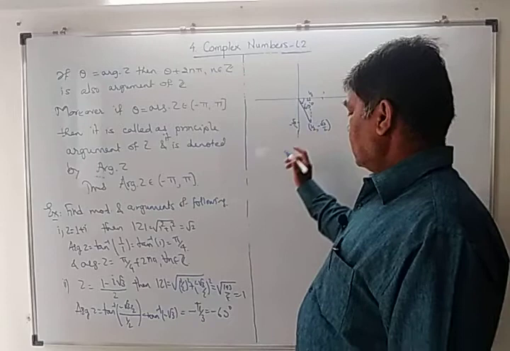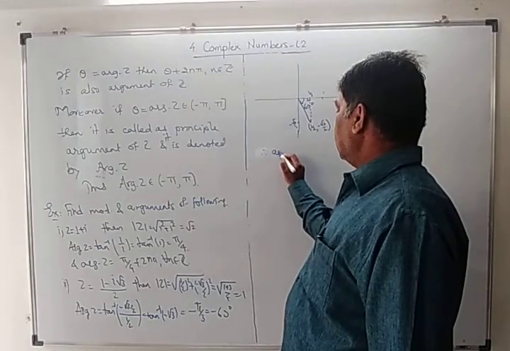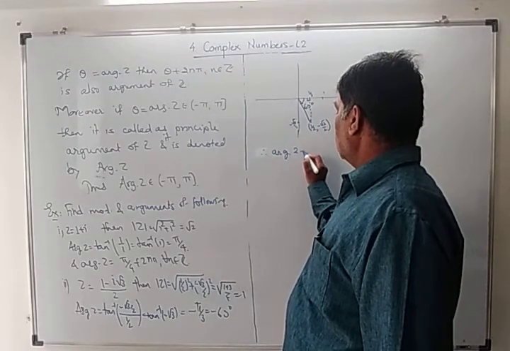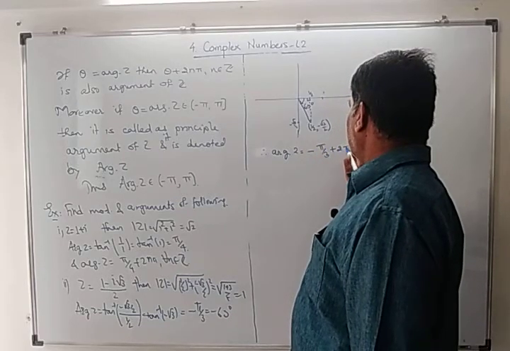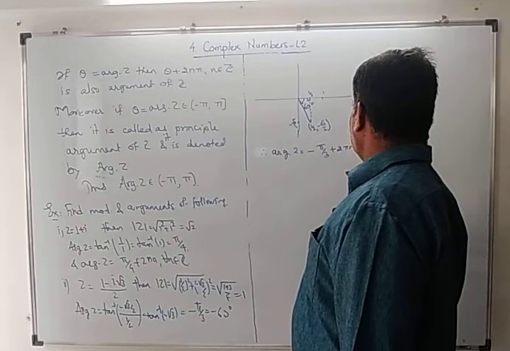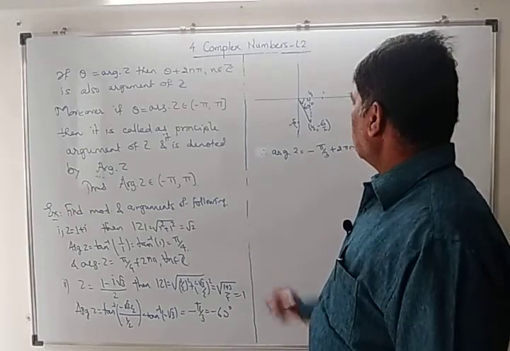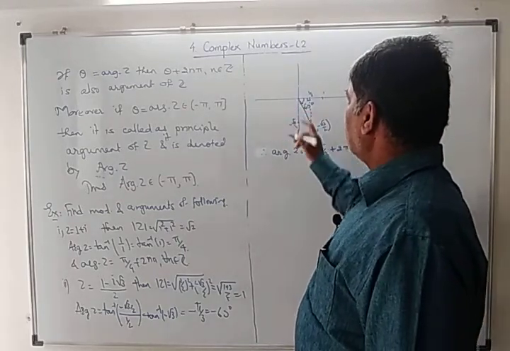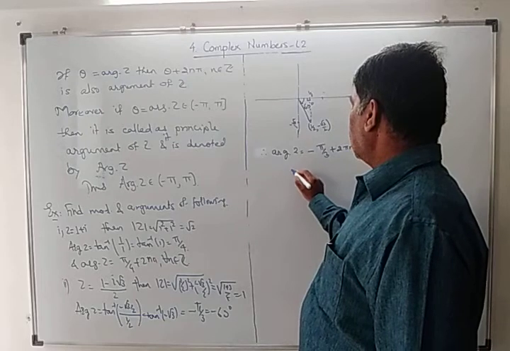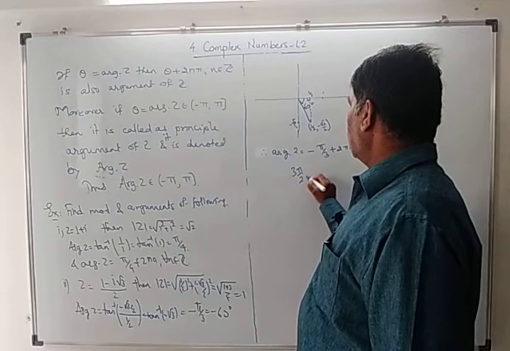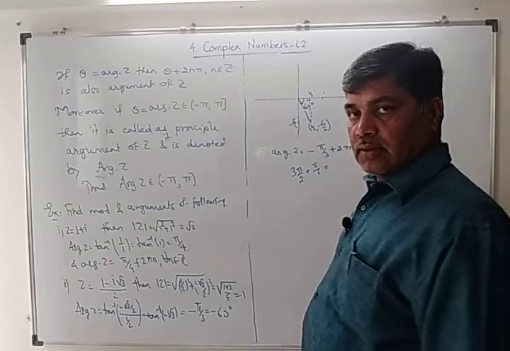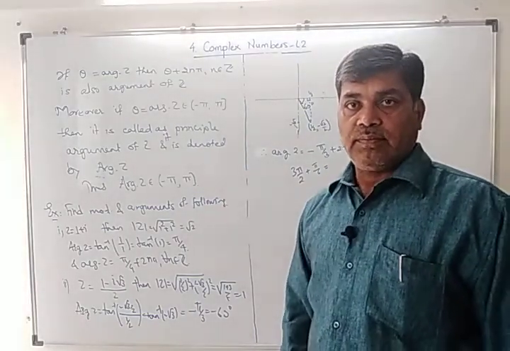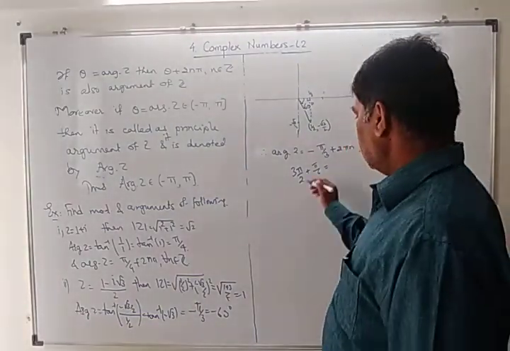And therefore, argument of z is equal to minus pi by 3 plus 2 pi n, n belongs to Z. From this, if you compute it, it will become 3 pi by 2 plus pi by 6 in the positive direction.